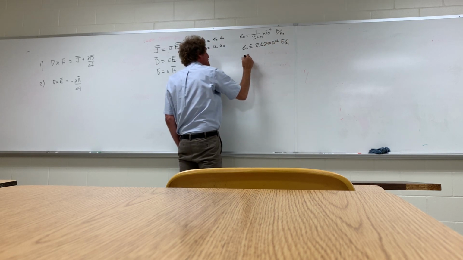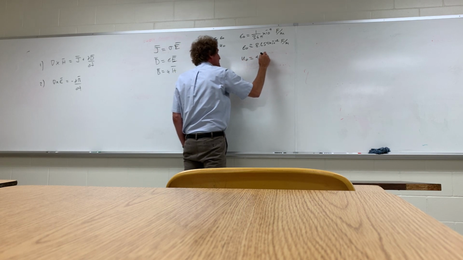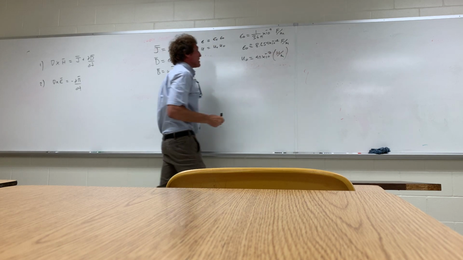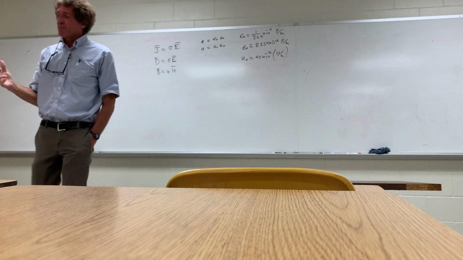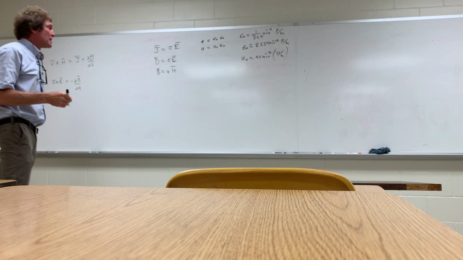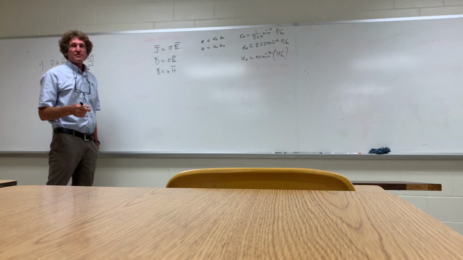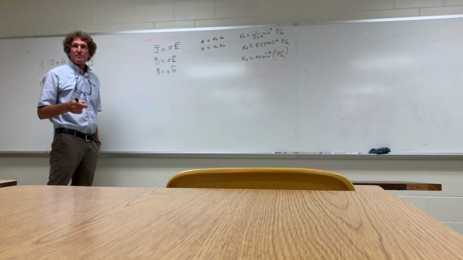And mu naught is 4 pi times 10 to the minus 7 henries per meter. Those are the values of free space for epsilon and mu. And sigma is a material parameter. If it's in a vacuum, sigma is 0. There can be no real current flow in a vacuum. Do y'all follow me so far? I'm just restating things you've heard already.